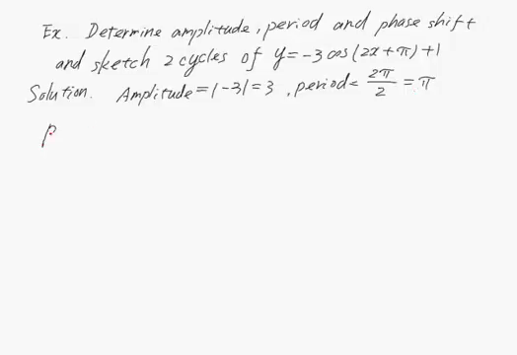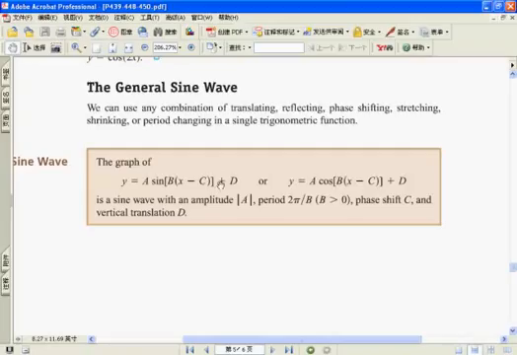Now the phase shift. What is the phase shift? Negative pi, or anything else? When you try to find the phase shift, you need to write your function in this standard form, right? You have to factor out the coefficient of x. Now let's come back to the problem.